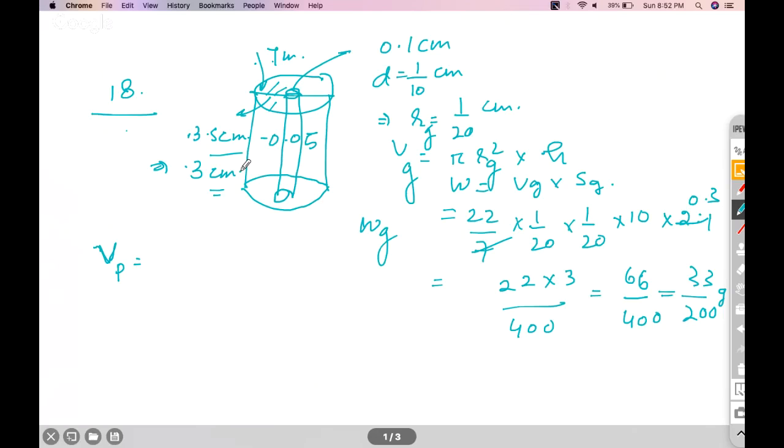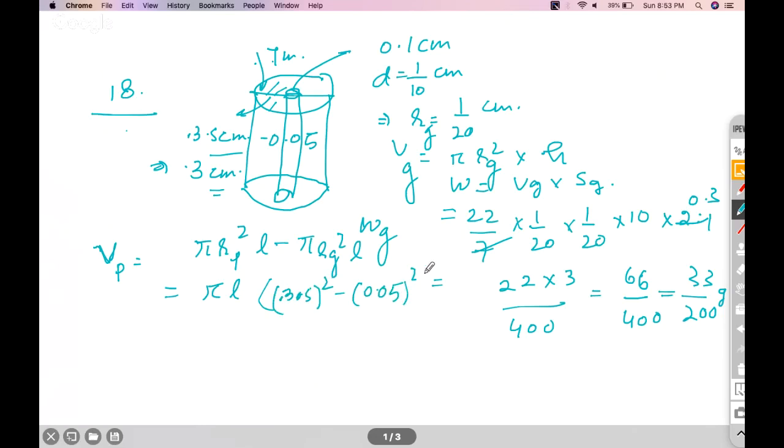So what comes out in the aftermath of this is, let me find out, it will be pi r pencil square L minus pi r graphite square L. So I take pi L outside, r pencil is 0.35 square minus 0.05 square.